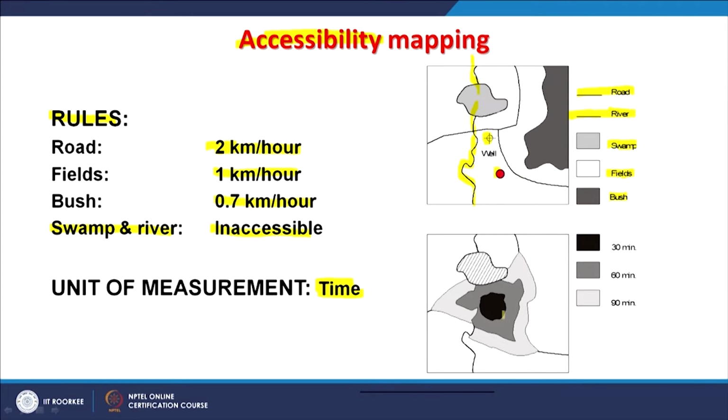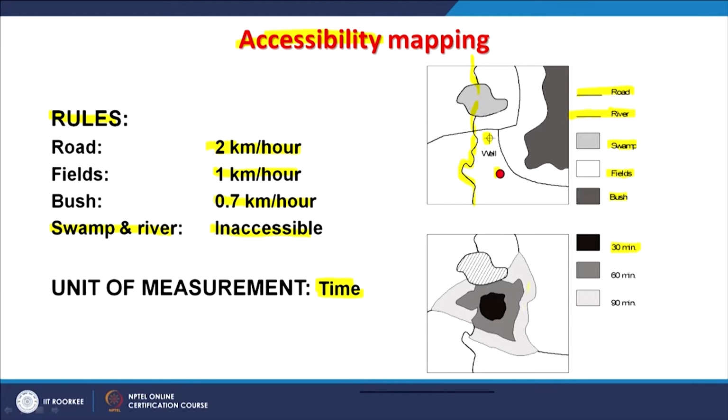So, here these buffers are being created, not circular buffers but more realistic buffers, where these conditions and constraints have been put. Like here we see that if one is close to this place, it will take only 30 minutes to reach the well and fetch the water.